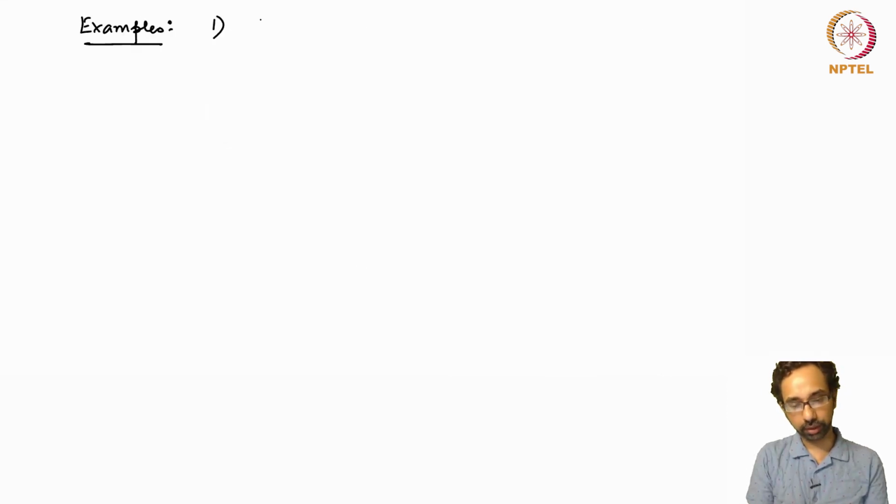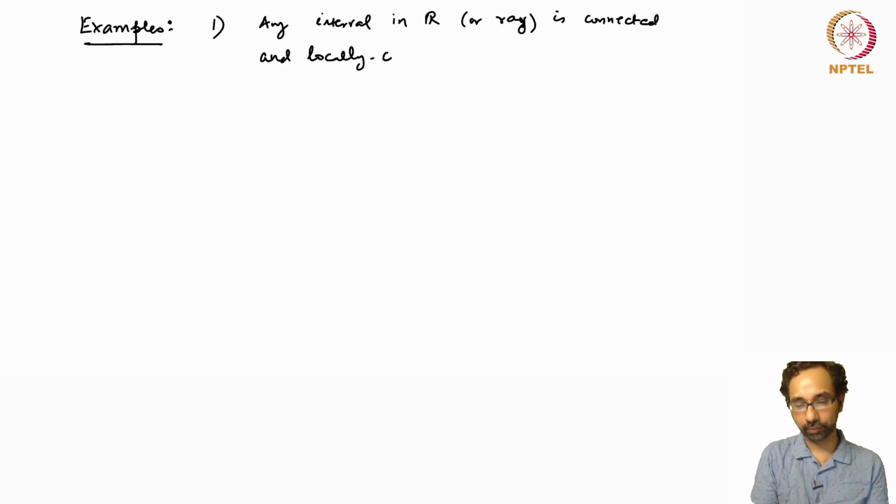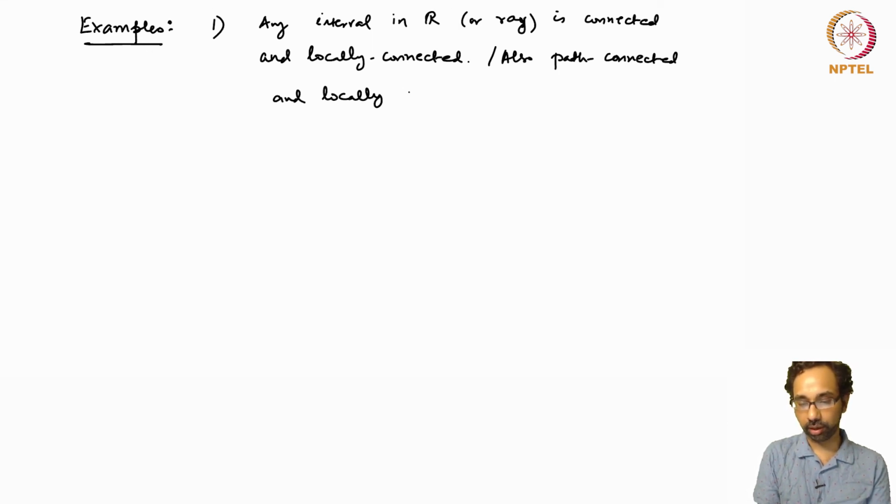So the first example is that if you take any interval in R, these are connected as well as locally connected, and in fact they are also path connected and locally path connected.